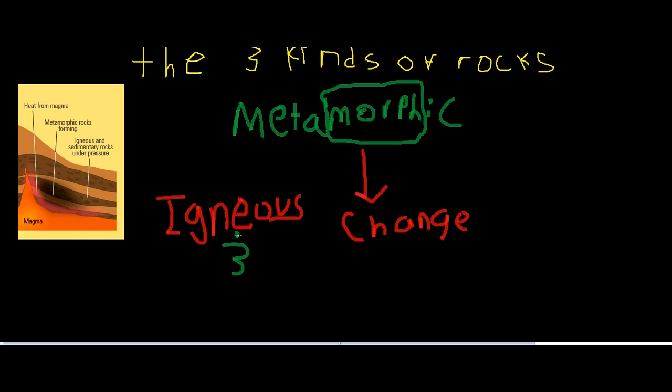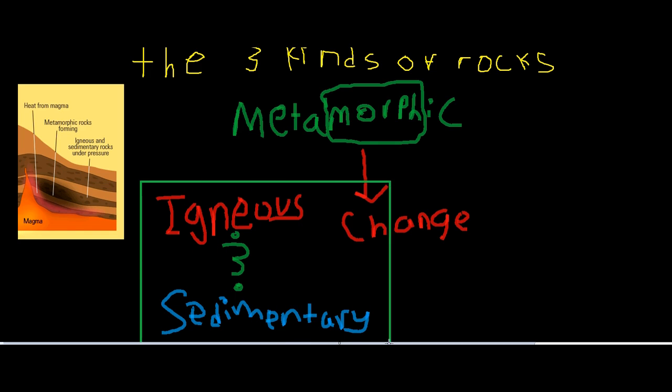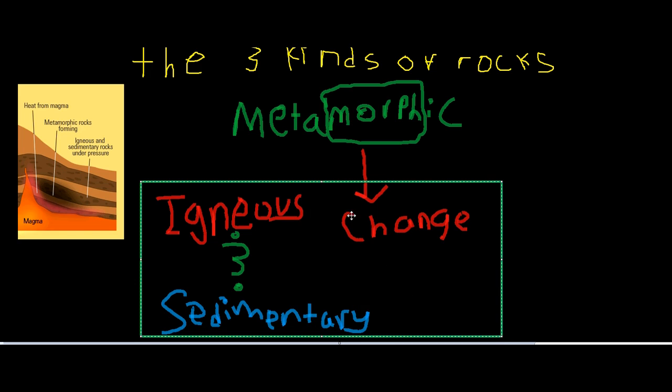And what happens is these two types of rocks, due to heat and pressure, essentially turn into metamorphic rocks. So heat from the magma would cause the igneous rock to change into metamorphic rock, and the sedimentary rock under pressure would cause it to change into metamorphic rock, or vice versa.